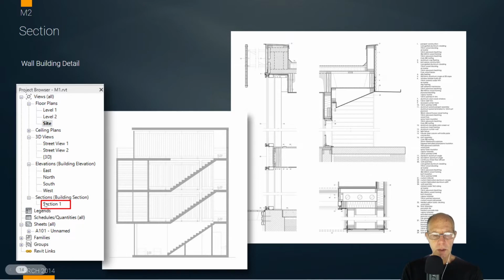And so it'll start calling it section 1, section 2, etc. The drawing I'm moused over right now is a whole building section. And then on the right are building detail sections. So we've zoomed in very close here in order to indicate certain kinds of construction details that are critical to somebody who would want to build this building.